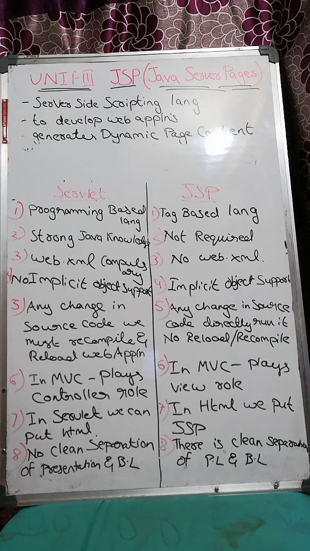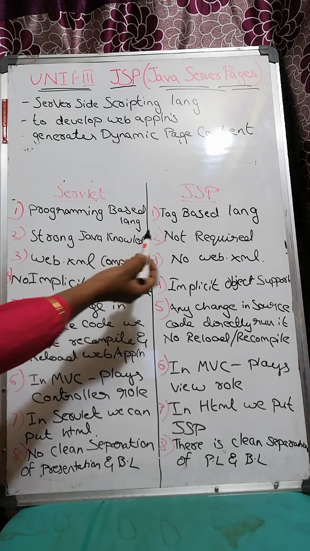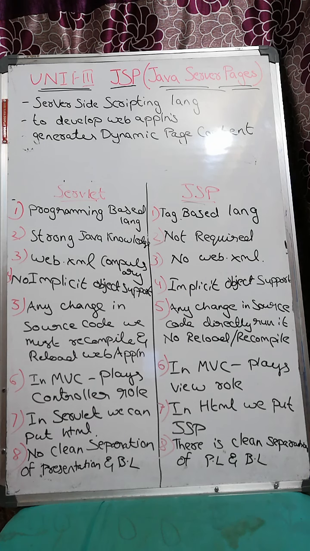Compulsorily you should be perfect with programming. On the other side, JSP is a tag based language. In order to work with JSP, we just take the help of tags like HTML. We have already studied HTML. It is not programming based, it is a tag based language. In order to do anything we use tags. In the same way, in JSP also, to perform any task we use tags.